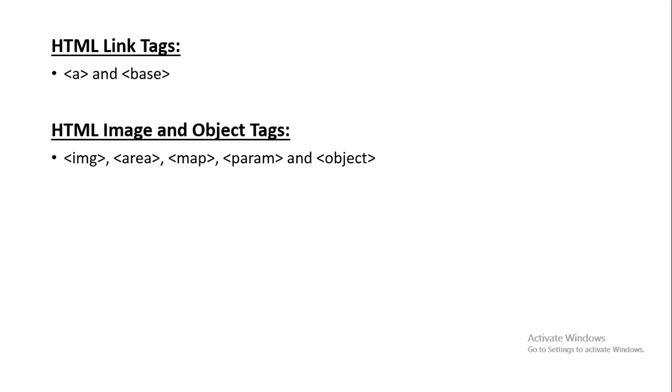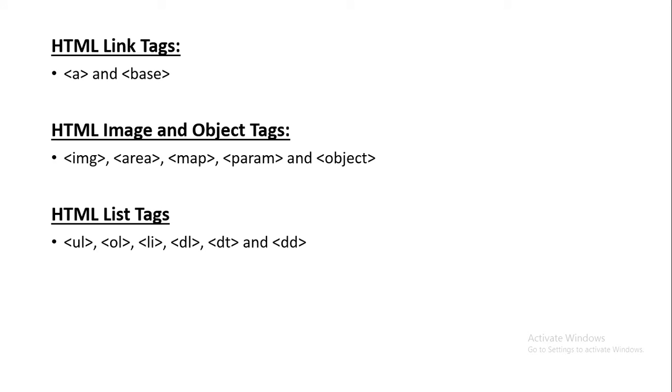We can use a map tag. An image map is basically a clickable image with clickable areas. So we can use the map tag for that as well.